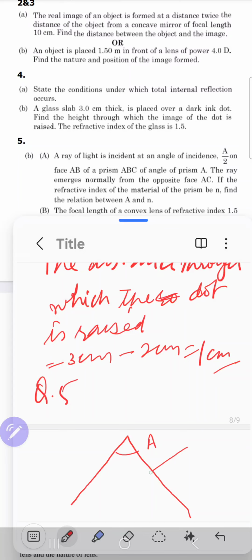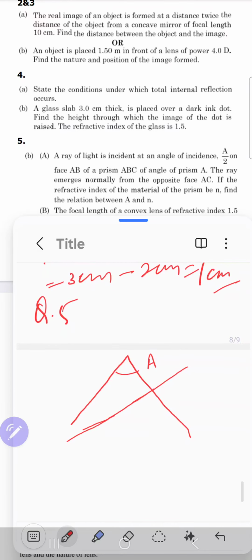If it is emerging normally, it means here the angle of incidence for the face AC has to be 0 degree, or it must be falling normally on this. So let us consider this is A, B and C. Here you have to draw the angle of incidence, which is equal to A by 2.